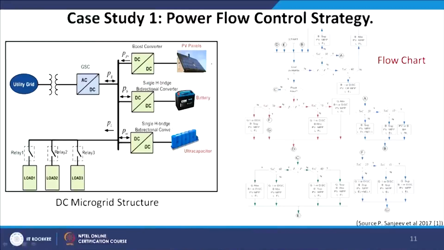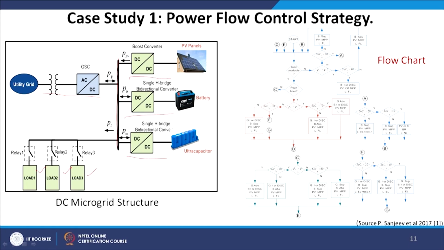Now, when we see the power flow control strategies, in the previous lecture you might have seen the DC microgrid architecture. This is my utility grid, and we had the GSC, and this is my DC bus. We have loads connected, and my PV, battery and ultracapacitor in place.